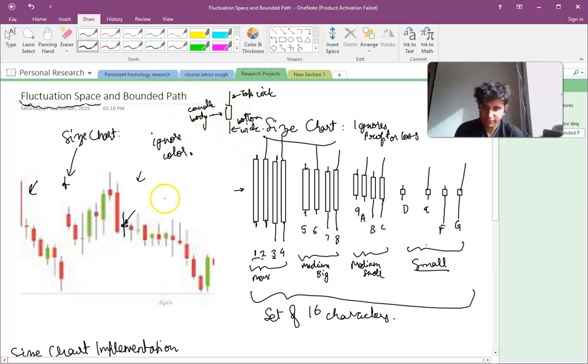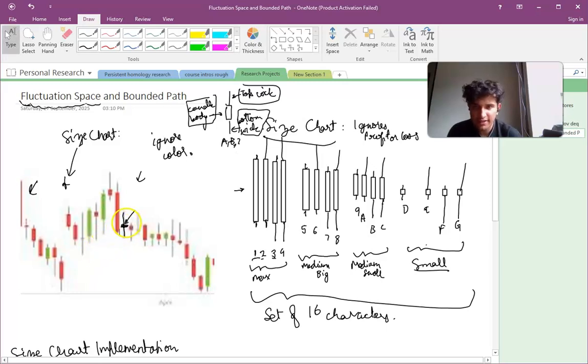Now, based on the relative sizes of our bottom, top, or of our body, we're going to assign our characters: A, B, C, 1, 2, something. Can be numbers. Looking at this graph again, we see that the candle body is really small.